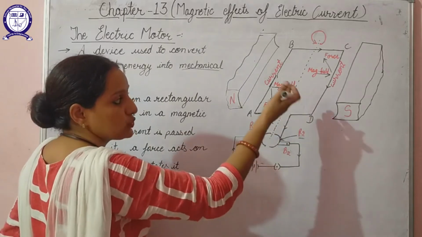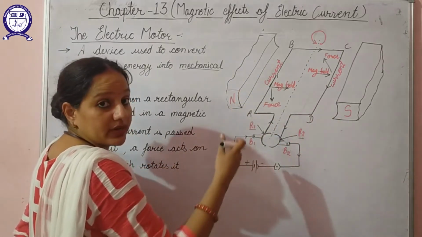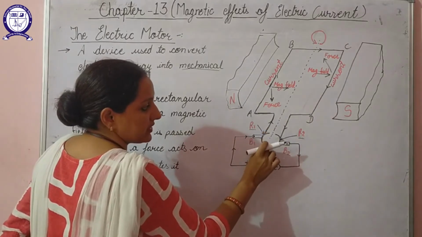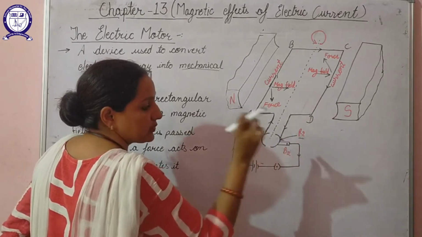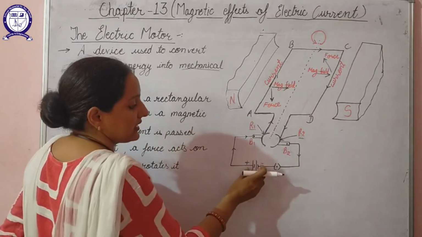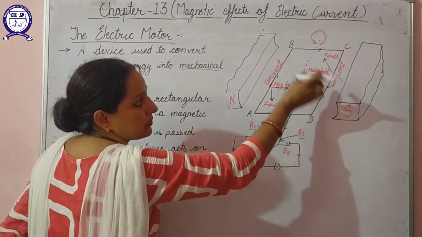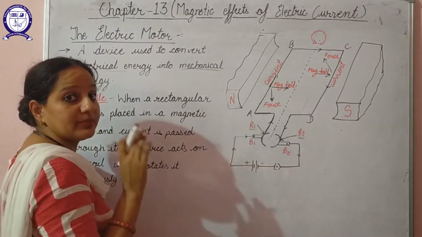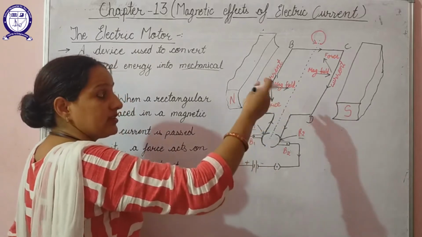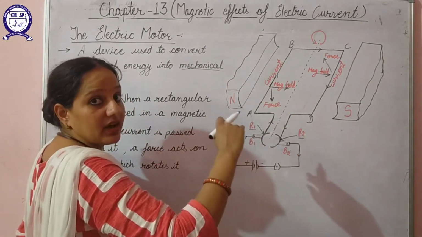When it starts to rotate and reaches the vertical position, at that time the gap between these rectangular coil rings will come in contact with the carbon brushes. At that time it will behave as an open circuit and the supply of current cuts off from this rectangular coil. That means no further current will flow through this coil, but the coil will cover the remaining half rotation.